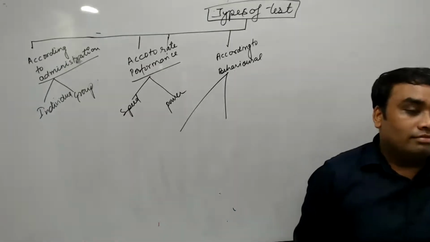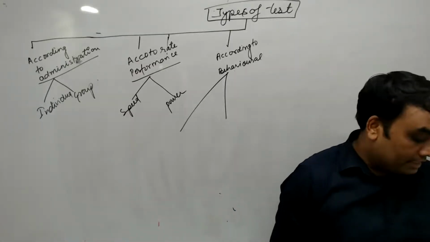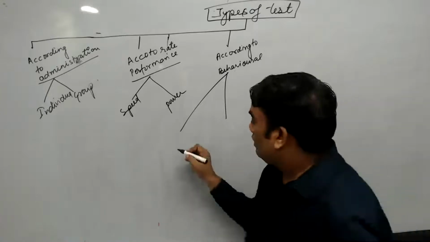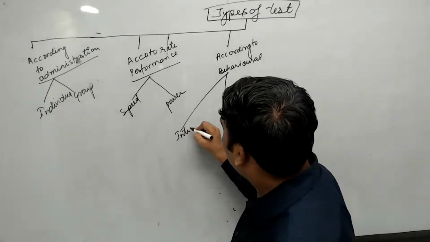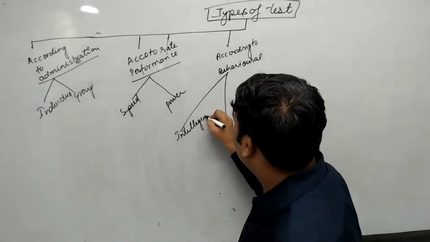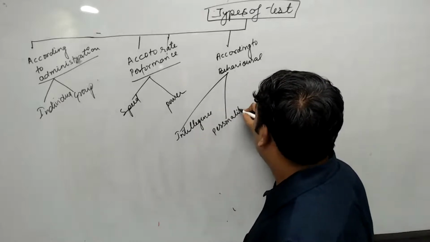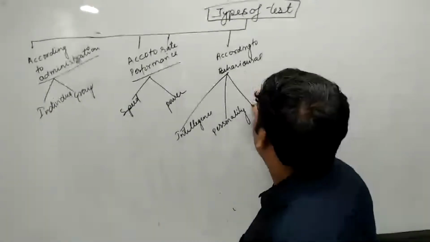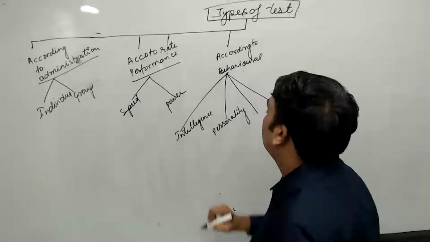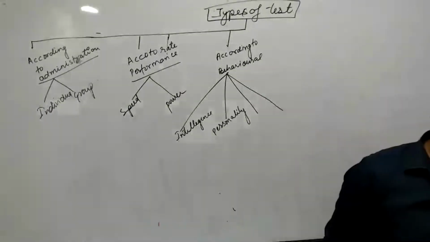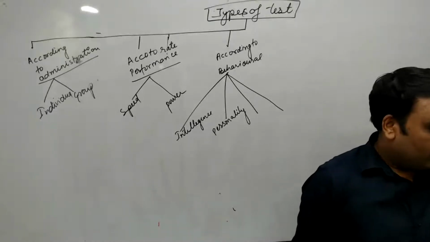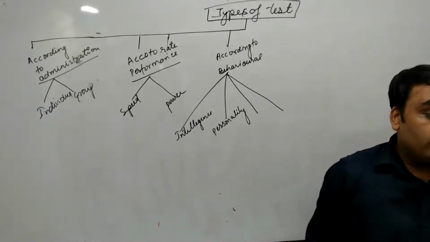First is intelligence. Second, personality. Aptitudes.